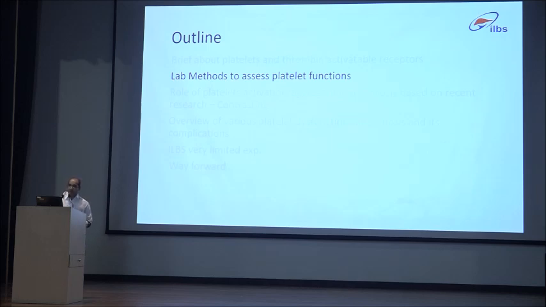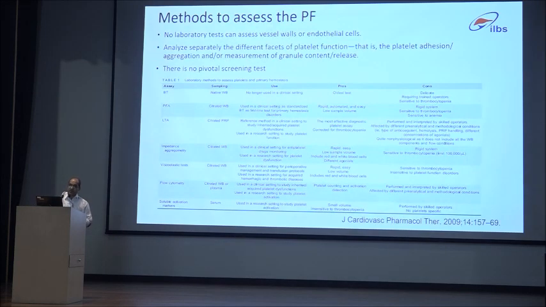So the lab methods by which we can assess the platelet functions are summarized in this table. There is no laboratory test that can assess the vessel wall or endothelium, which is the foremost part of the coagulation system. And these methods have a limitation that they analyze the various parts separately, that is, some part of platelet activation, and then aggregation or the granule content.